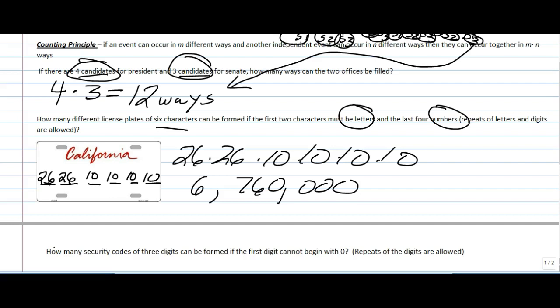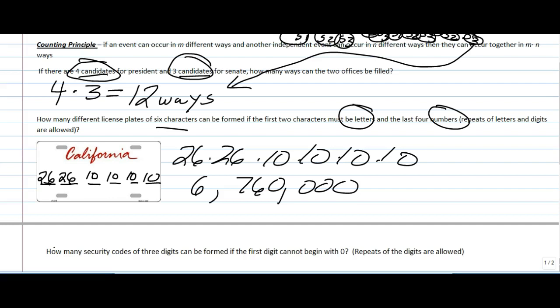Now, that may sound like a lot of license plates, but in reality, for a state the size of California, which is one of the more populated states in the U.S., that may not be enough individual license tags. Remember, these tags are good for several years, and there may be some families that have more than one vehicle.